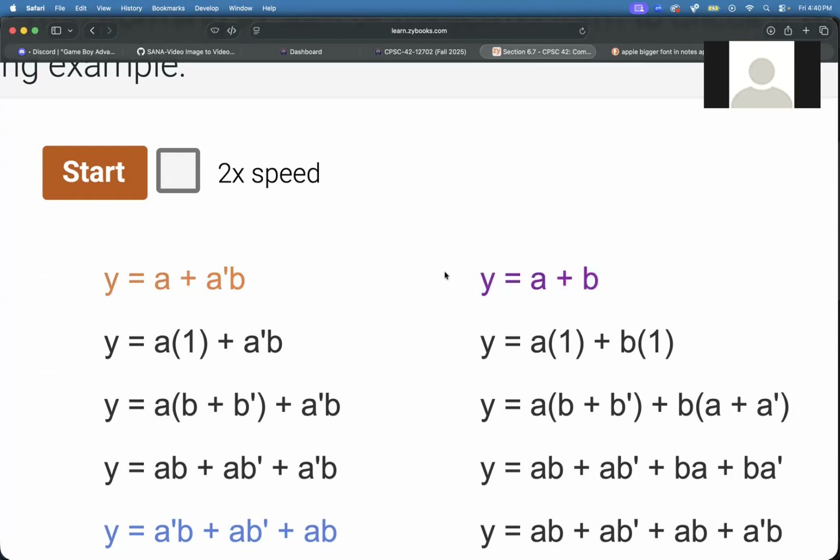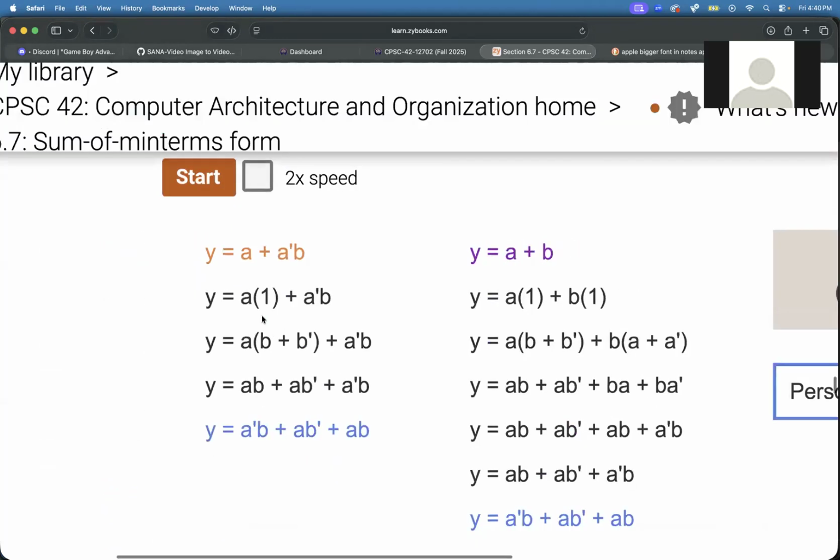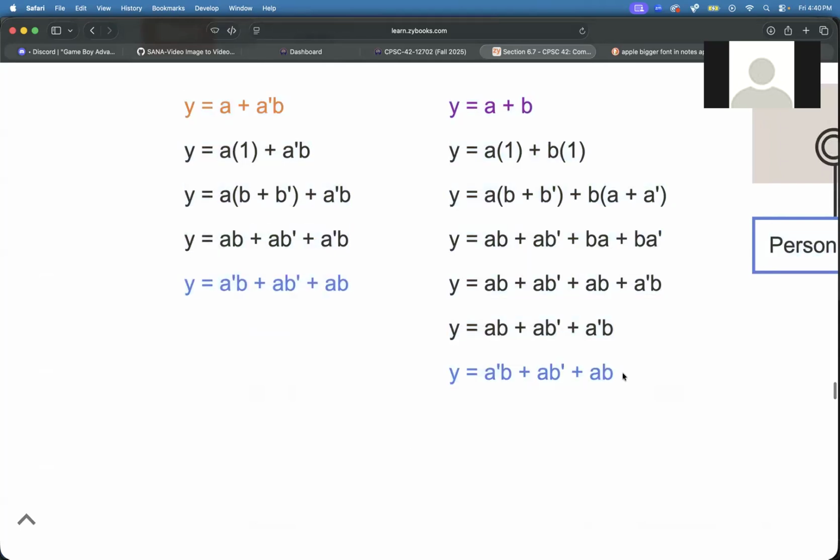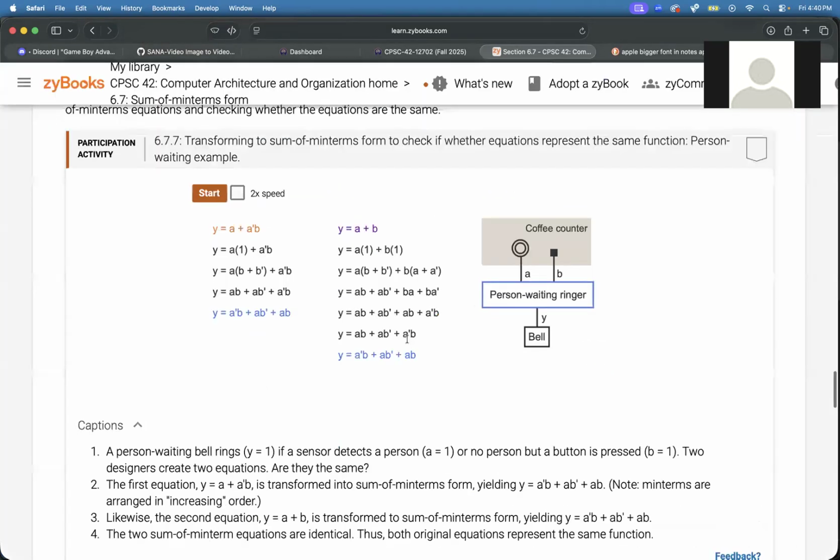This was an identity that we covered. The way you could prove that they're the same is to go through the steps of writing them as sum of min terms, and then the sum of min terms would have to be identical, which they are. So if the min terms are identical, then the original thing is identical.